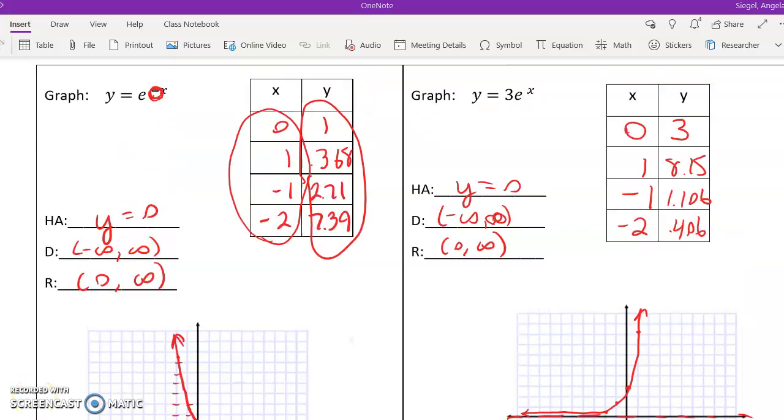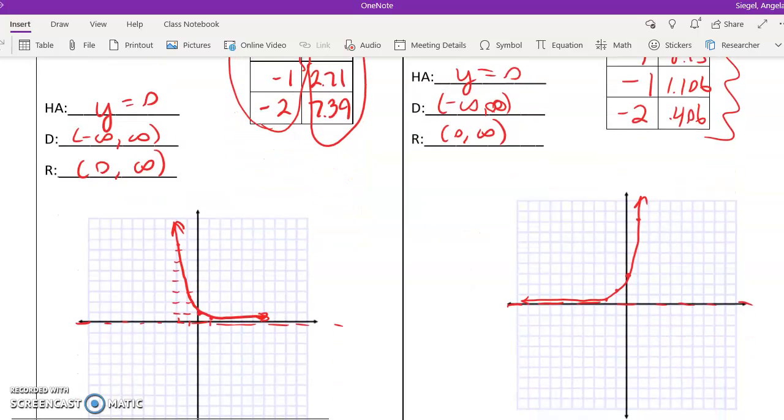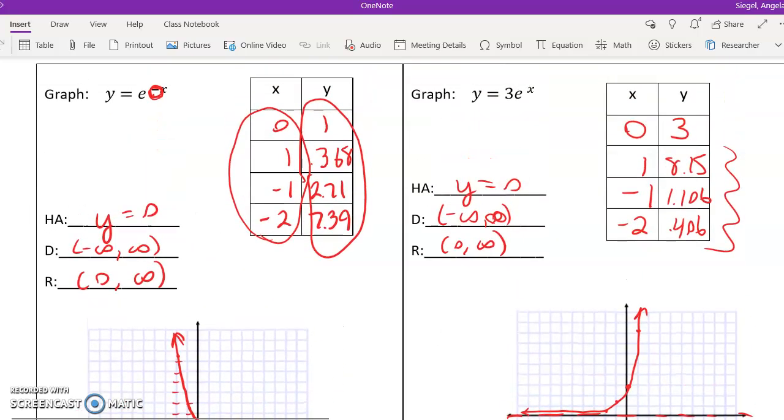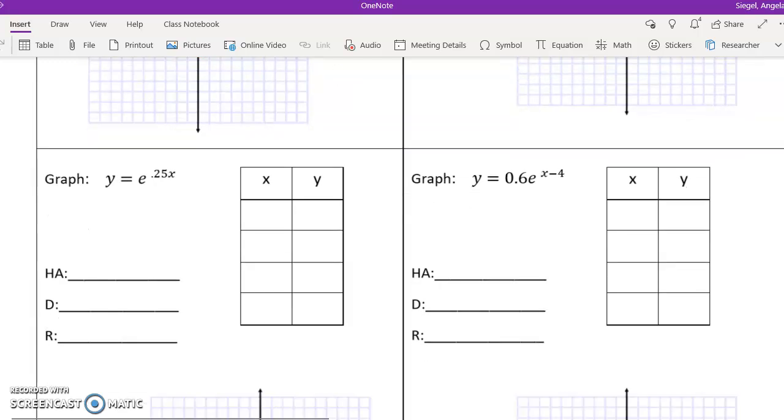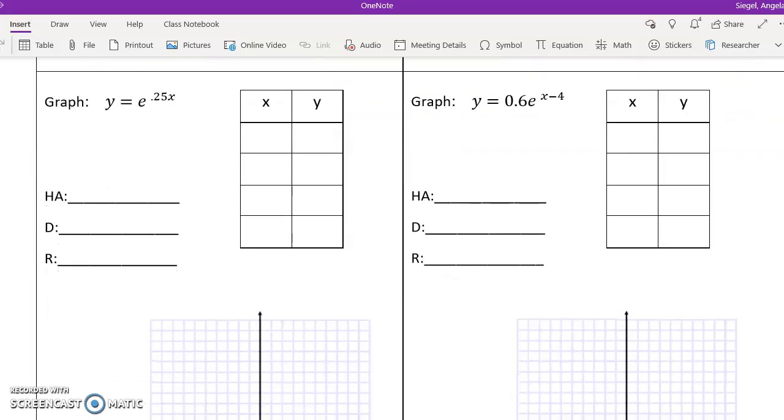Okay, so you'll notice here that I put the yucky numbers in here and it made an exponential growth function. So think about that, like that e, that's still like 2.71, so our base, so it should be a growth function. Okay, so these are just weird ones.